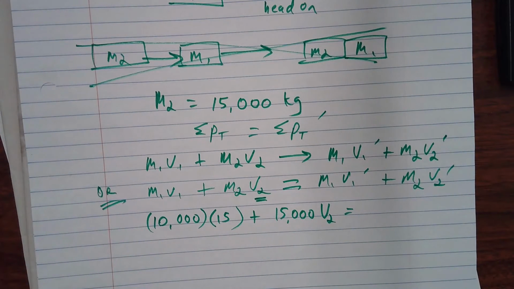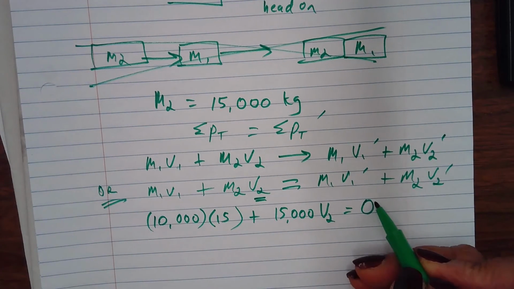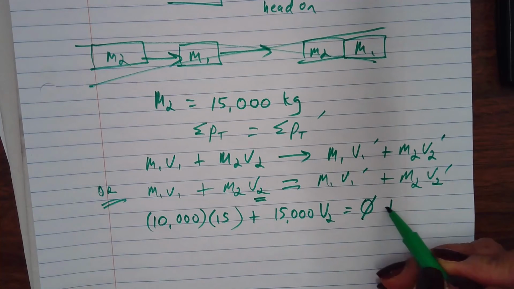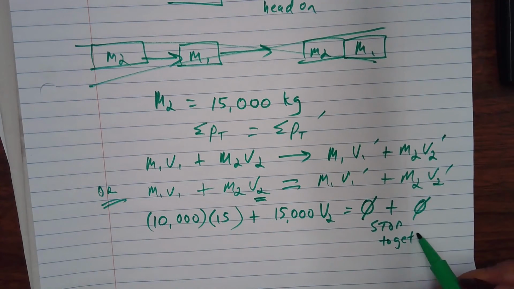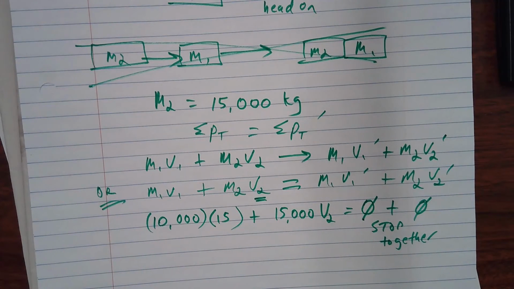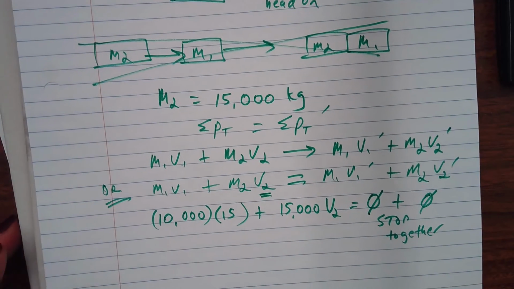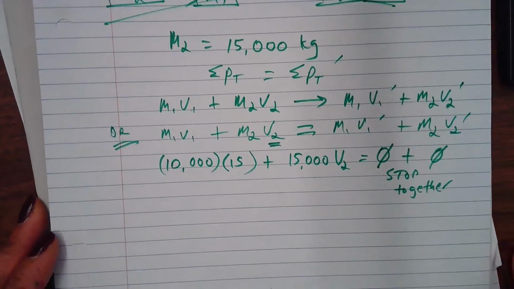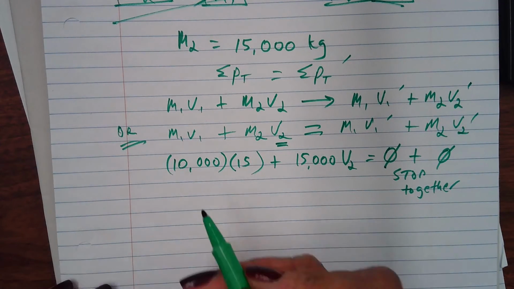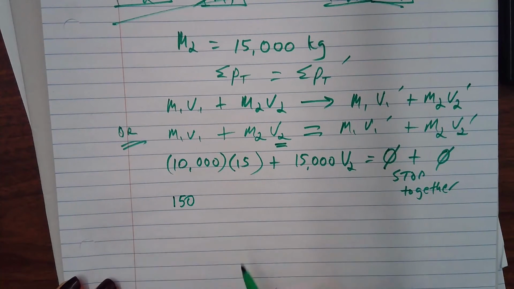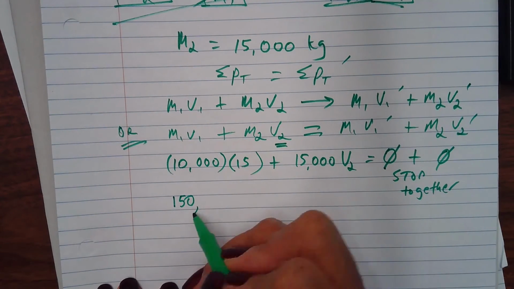Or I can also say 15,000 V2 is equal to negative 150,000. Either way. Now how do we solve for V2? Negative 150,000 divided by 15,000, and you get 150 divided by 15 is 10 meters per second.